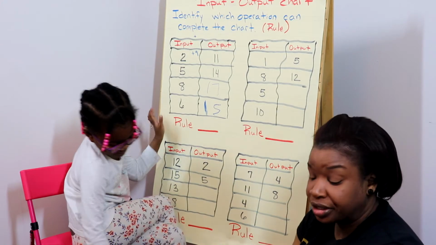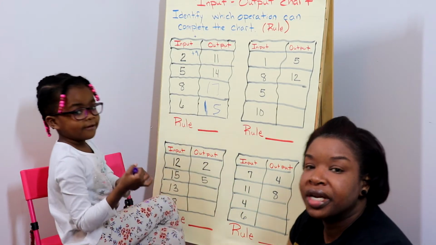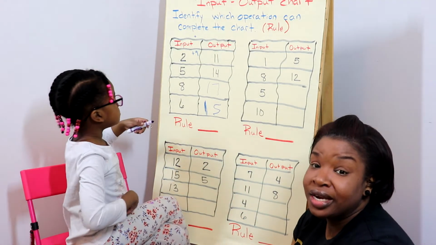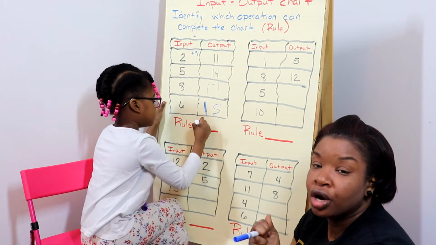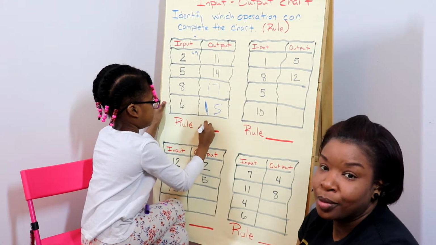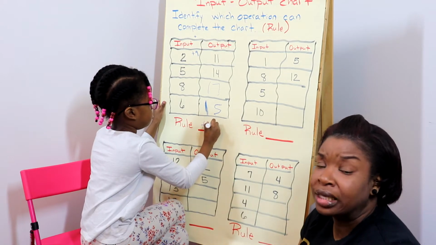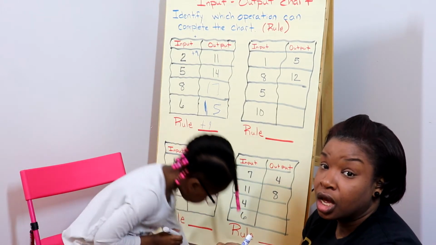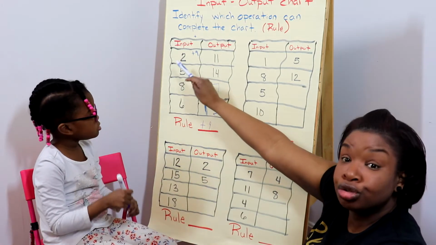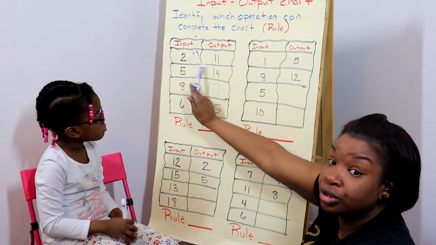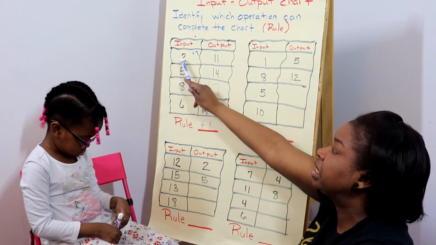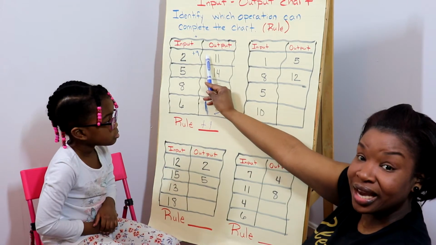I hope you all understand what we are doing for the input and output. First thing you need to find out is what operation you are going to use to solve the problem. This chart, input and output, can be used for addition, subtraction, multiplication, and division. So, you will have your students or your child look at the numbers. You will see if the numbers are getting smaller or larger. So we have 2 and 11.